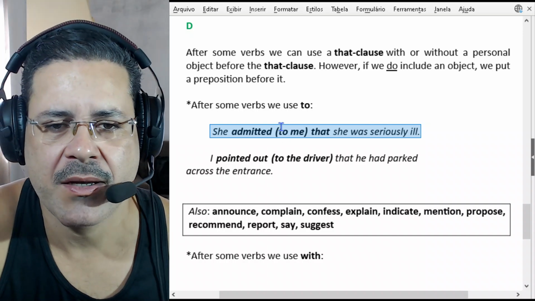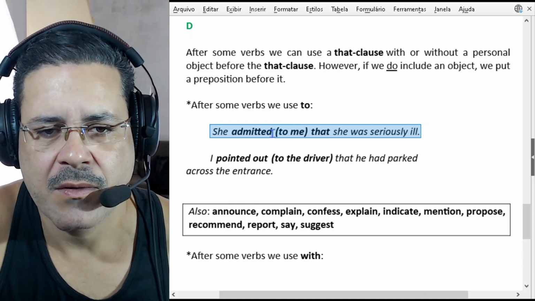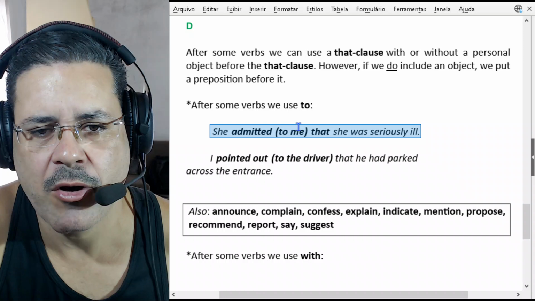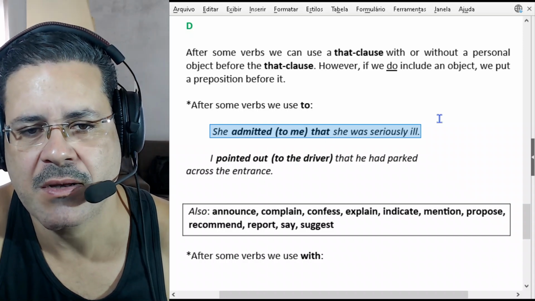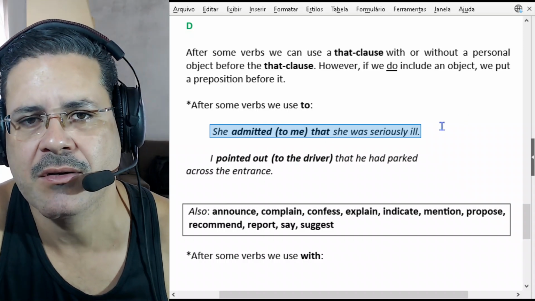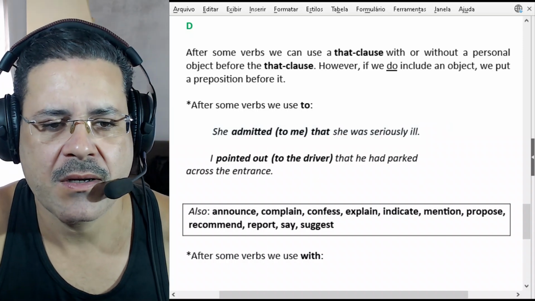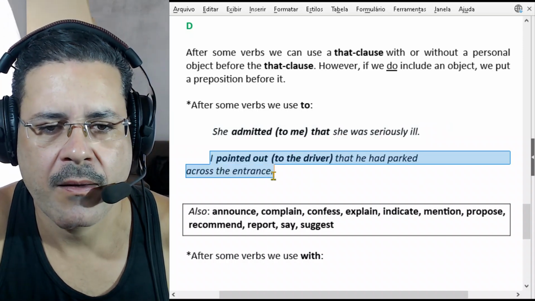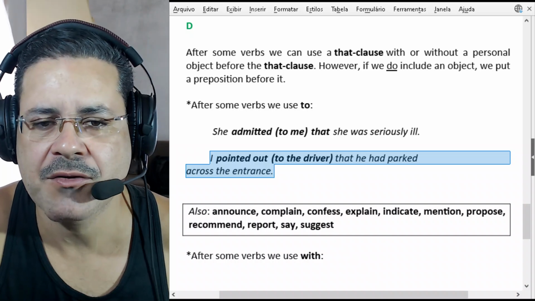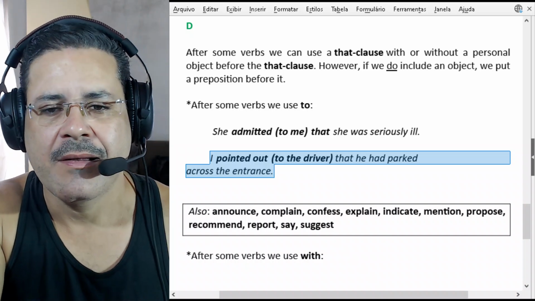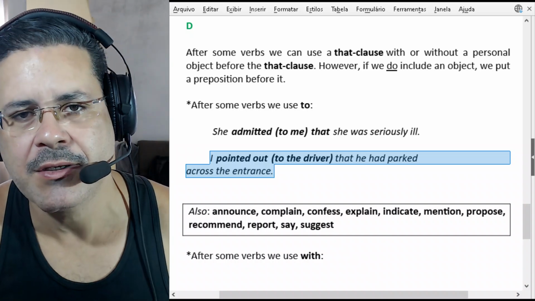Or you might not include the object with the preposition, just by saying she admitted she was seriously ill. Or in the second example, I pointed out to the driver that he had parked across the entrance.